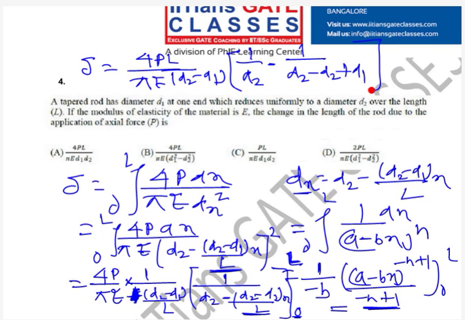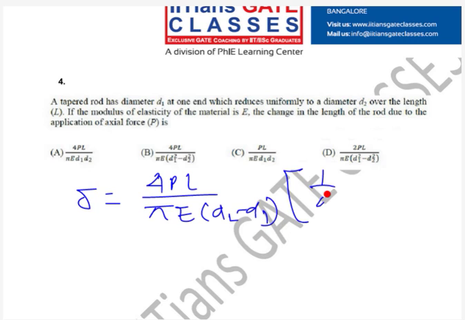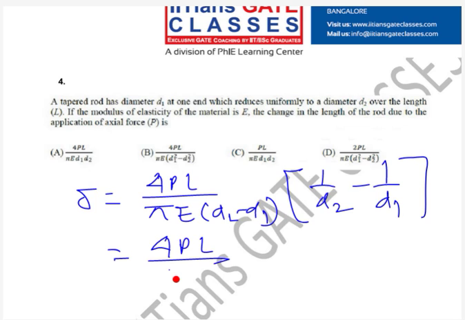Okay, so let me write here what I'll get finally. Delta equals 4PL upon pi E, into 1 upon d2 minus 1 upon d1. Now we can take LCM.